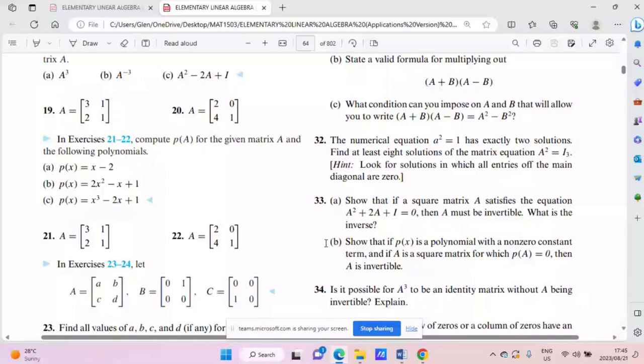That 2, 0, 0, 2 comes from the 2 as our coefficient multiplying the identity matrix, 1, 0, 0, 1. Then you subtract those matrices: 2 minus 2 is 0, 0 minus 0 is 0, 4 minus 0 is 4, and 1 minus 2 is minus 1.